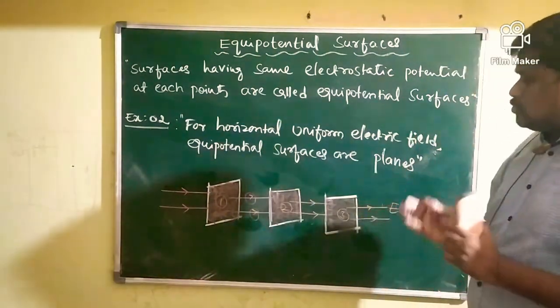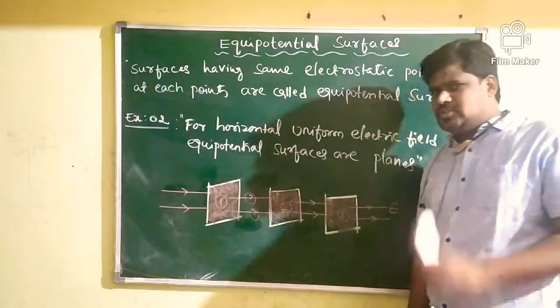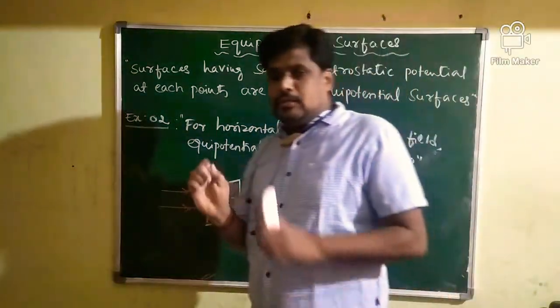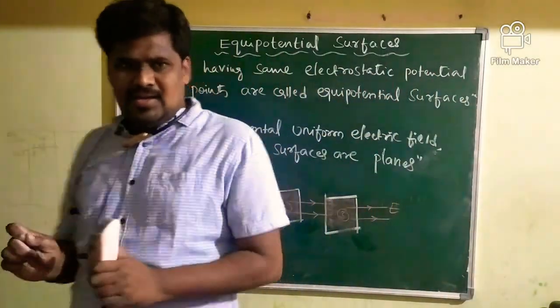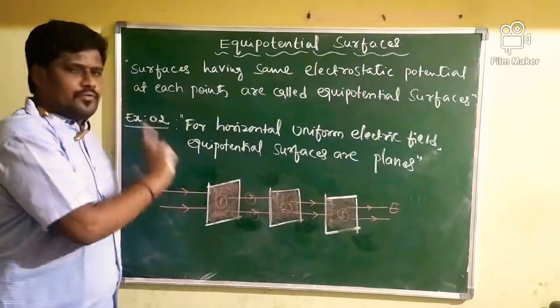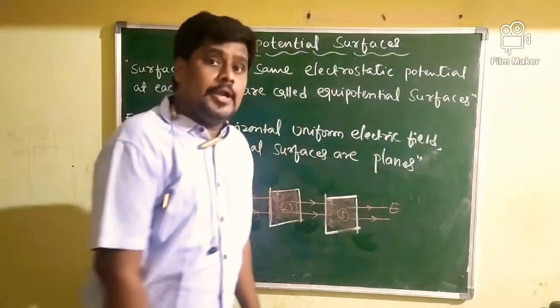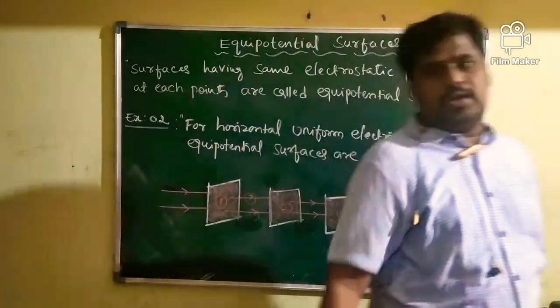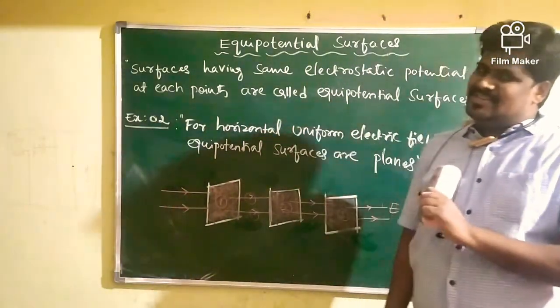That point should be noted. What is the nature of an equipotential surface? The electric field is always perpendicular, or normal, to the equipotential surface.